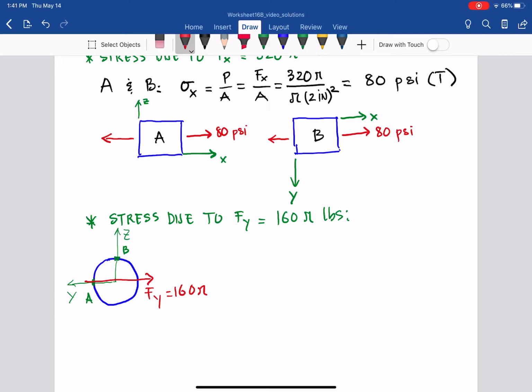As we already know, for the transverse shear force, tau equals VQ over IT, and it will be maximum at the neutral surface and neutral axis, and 0 at the outermost fiber. With that force direction, point A is on the outermost fiber compared to the force Fy applied.